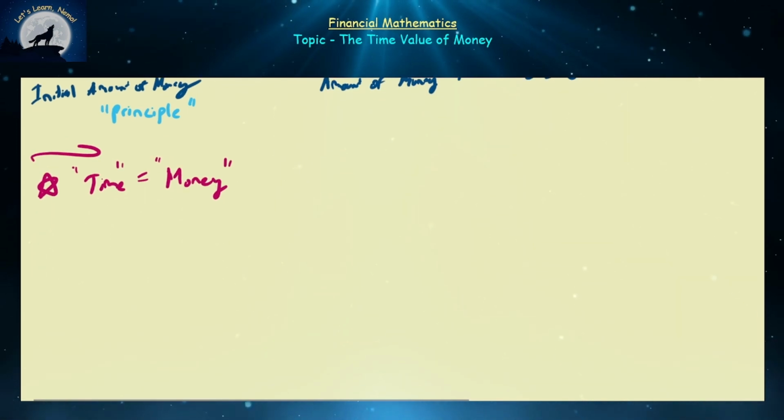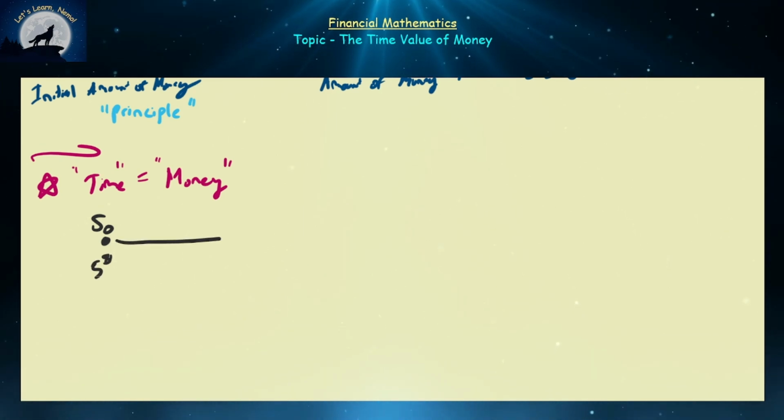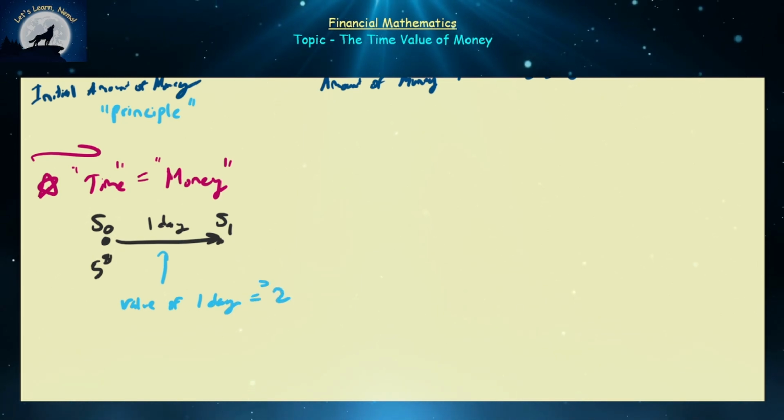So if we think about this particular question in a little bit more of an open-minded viewpoint, for example, let's assume that this is S0 today. For example, I have $5 today. And let's assume after 1 day has passed, that's going to give us, for example, S1. And then we have $5 here. Let's assume that the value of 1 day to you is equal to $2. Right? So if the value of 1 day is equal to $2 and you have $5, then you should have $7 at this particular time period, right?